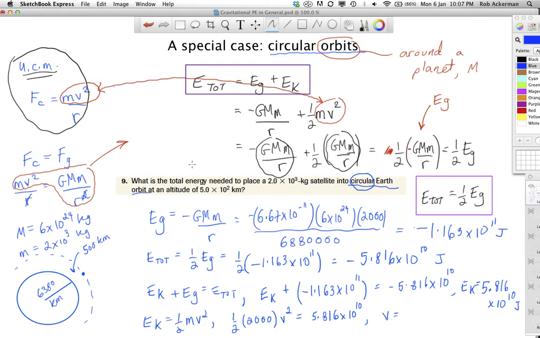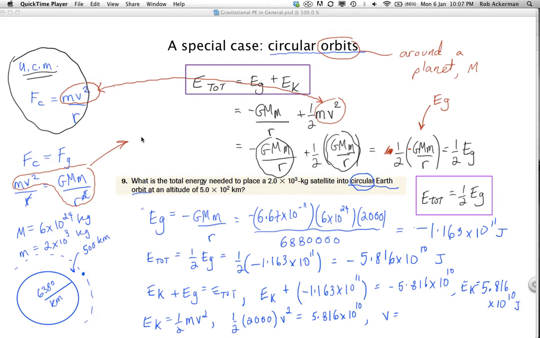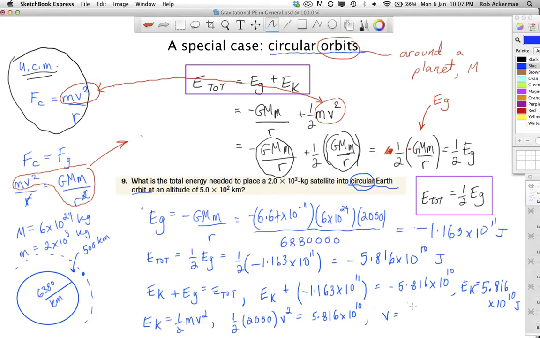At this point I will pause the video and do that, so hang on. Okay, and what did I get here? I came out with a number of 7.627 meters per second. And does this number look familiar? Around 8,000 meters per second?